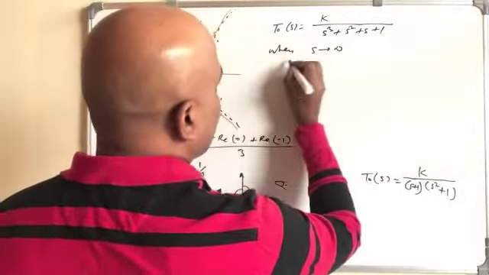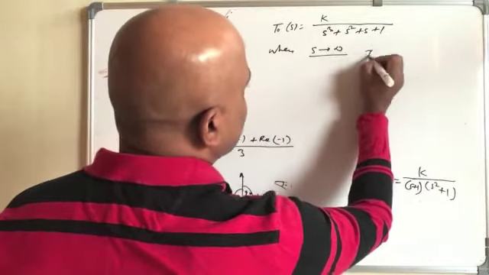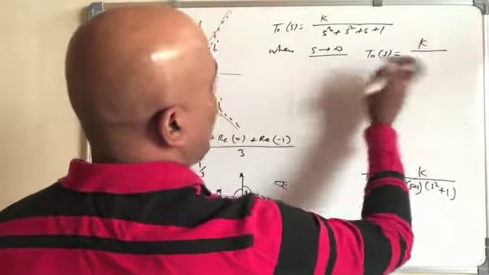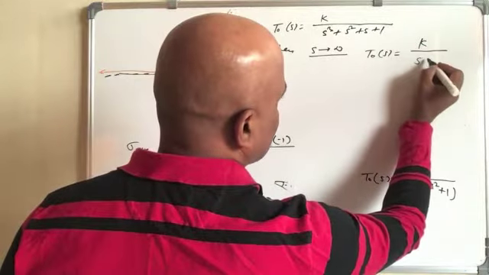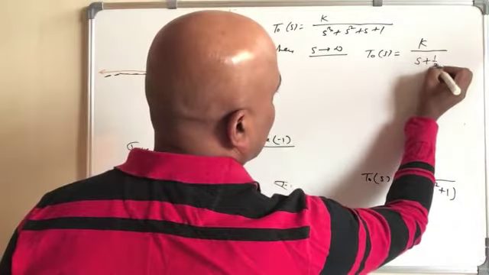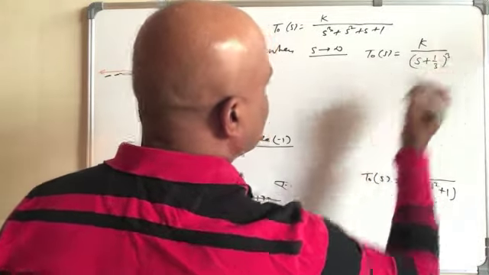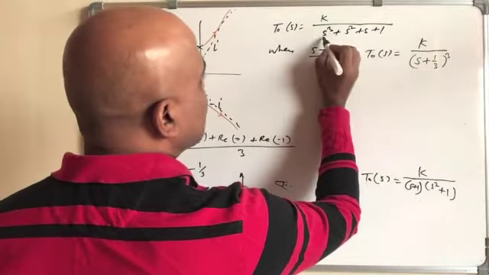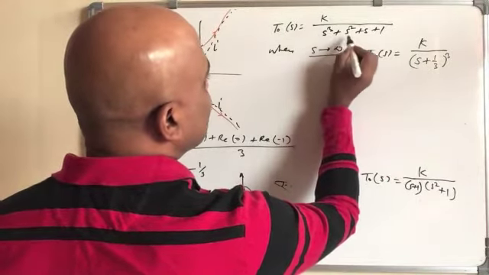So when s tends to infinity, T naught s we can write as K over (s plus 1 over 3) cubed. Why? That way you can match at least these terms.